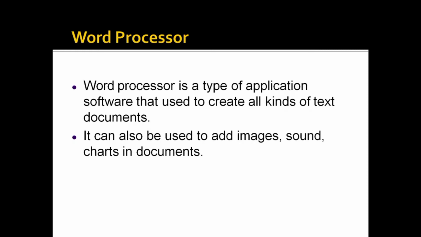If we want to create a formatted text document, we use a word processor. It can also be used to add images, sounds, and charts to our document. Means in our document, if we are using a word processor, we can add images, sound, audio, video and charts, okay?